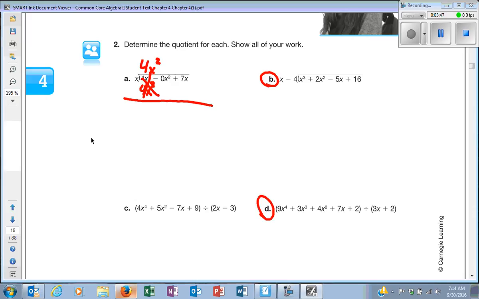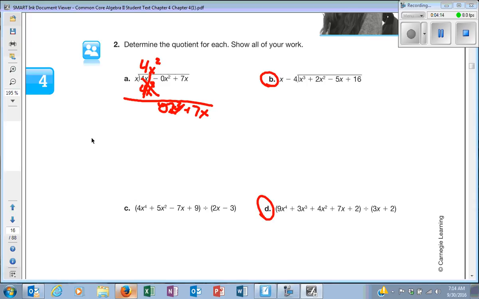The 0 doesn't really hurt us not having it there, because if you look, I can bring it down. Do I need to make anything right here? What times x gets me to that? 0. Do I need to put a 0 up there? Does everybody understand that? So I can kind of skip over this one.